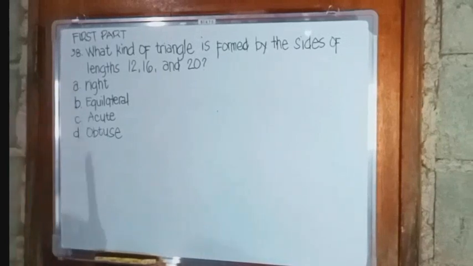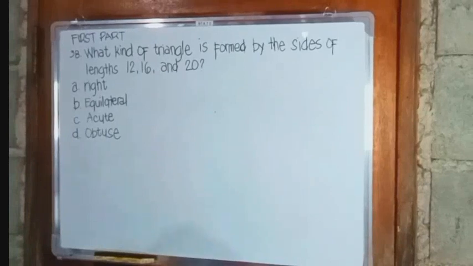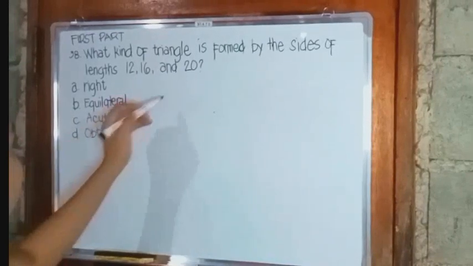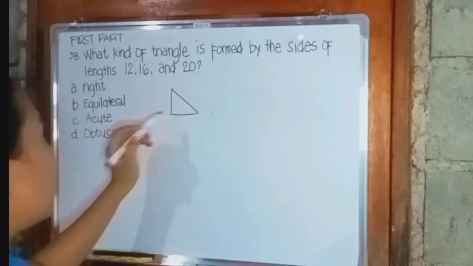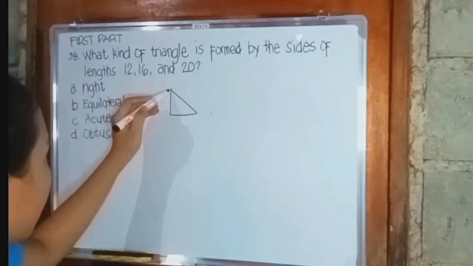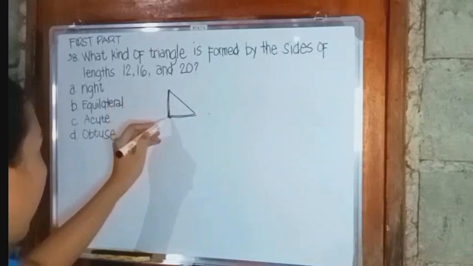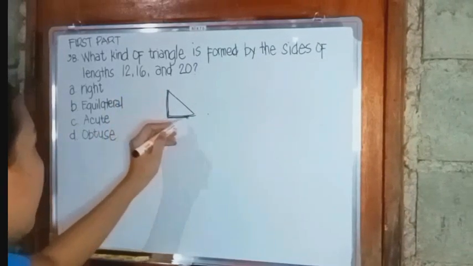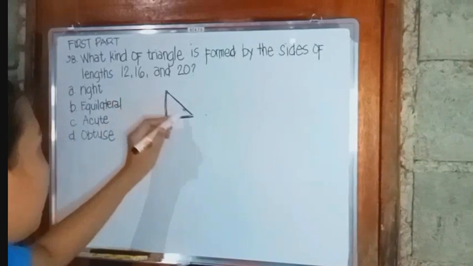Okay, let's start with the right triangle. We know that in a right triangle, the sum of the squares of its legs is equal to the square of the hypotenuse.